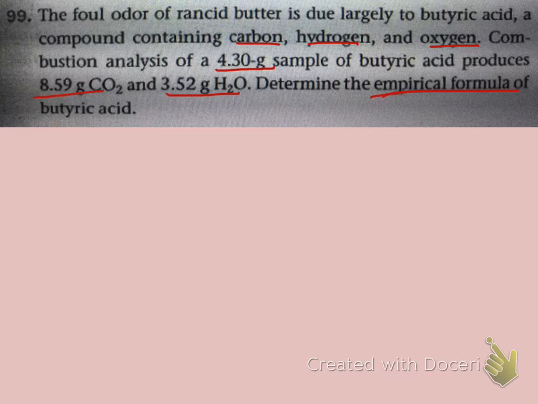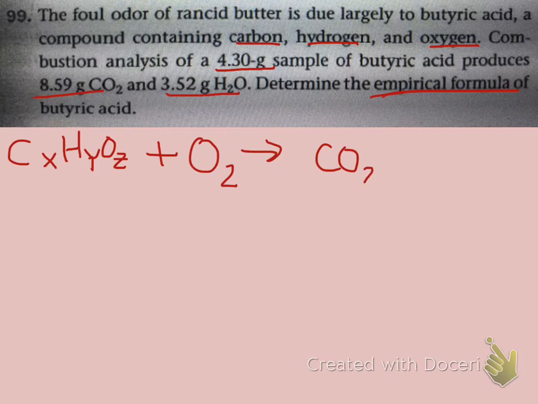So let's see what reaction is actually occurring. We have CxHyOz, and we're going to try and figure out x, y, and z. That's going to be the empirical formula for butyric acid. And it's a combustion reaction, so we're reacting it with oxygen and producing carbon dioxide and water.